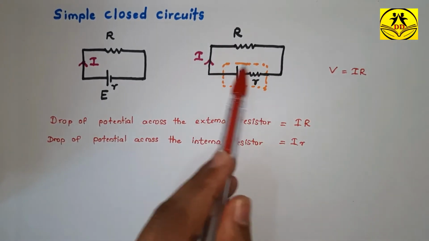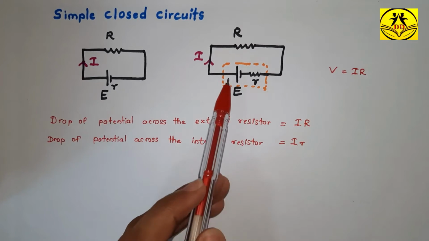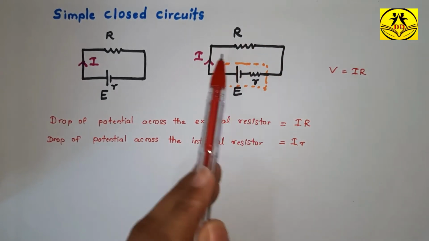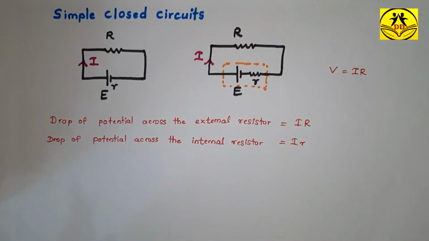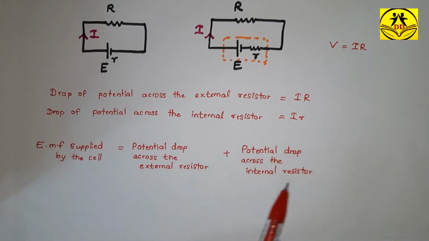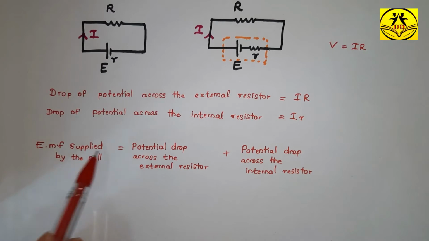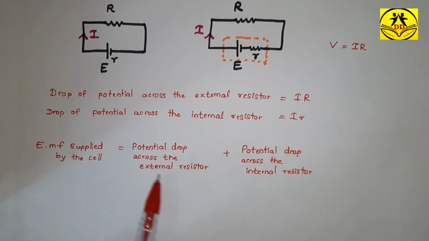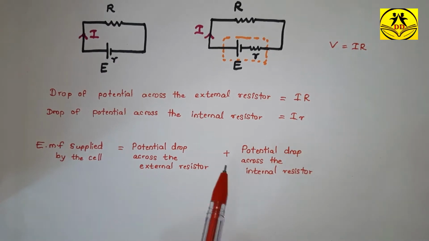So the electromotive force supplied by the cell is used to generate potential difference across the external resistor and internal resistor. We can write the relationship: EMF supplied by the cell equals potential drop across the external resistor plus the potential drop across the internal resistor.